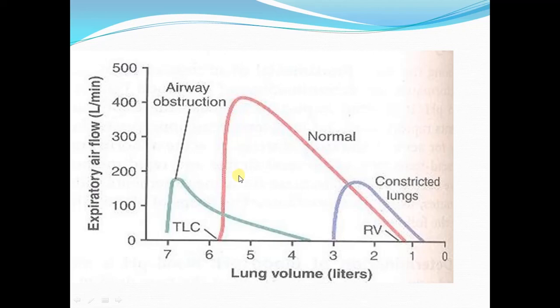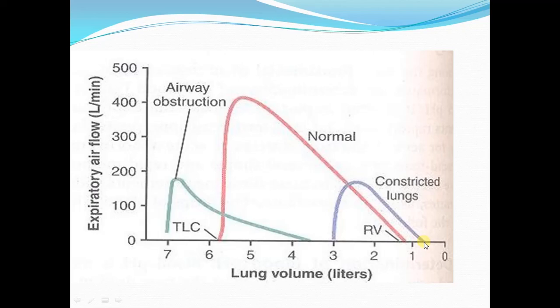And we can see it is reduced in obstructive lung diseases as well as in restrictive lung diseases. You can also observe other findings in this graph, like residual volume. It is less in patients of restrictive lung diseases.